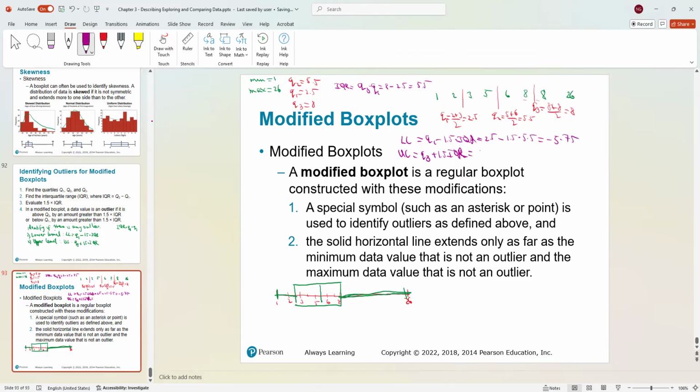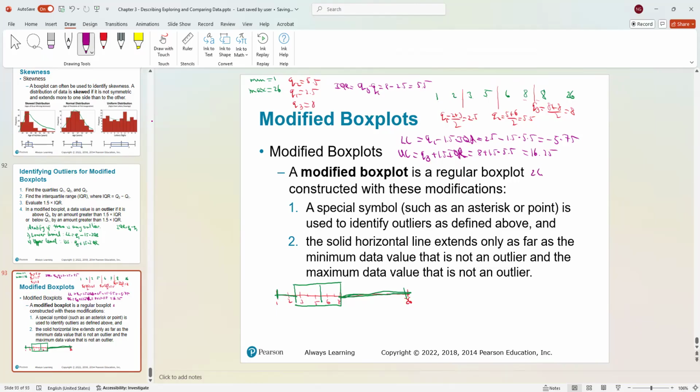So we have 8 plus 1.5 times 5.5. 1.5 times 5.5 is 8.25, plus 8 gives you 16.25. Is there any data above 16.25? Yes. So 26 is an outlier.